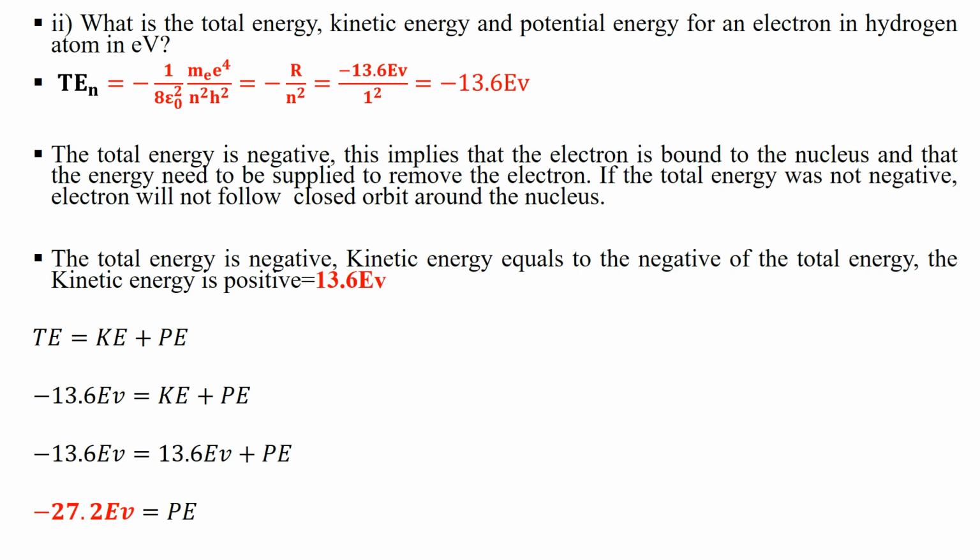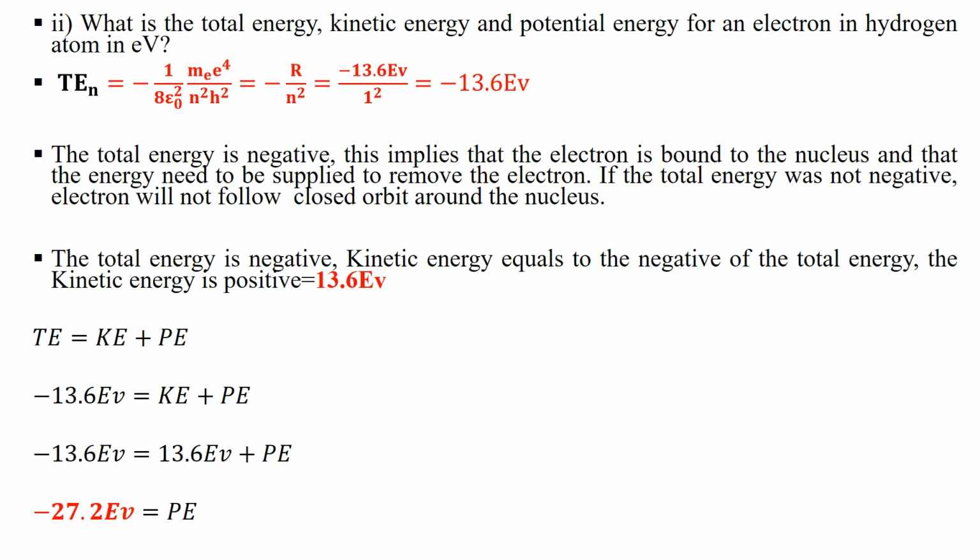Hydrogen has one shell, which means n is equal to 1. Replacing the Rydberg constant with 13.6 electron-volt, we get the total energy, which is minus 13.6 electron-volt.